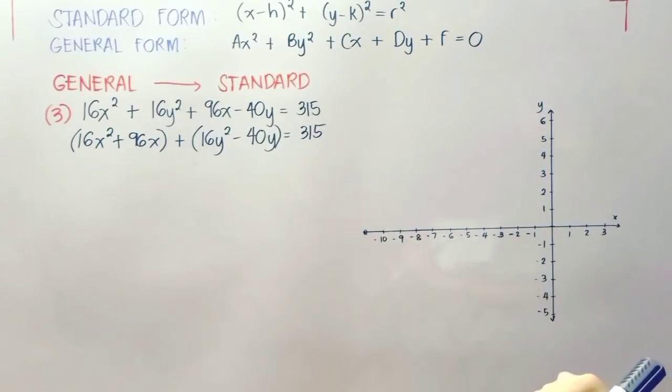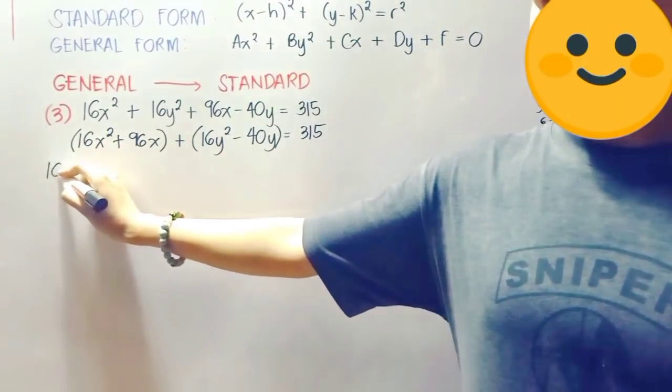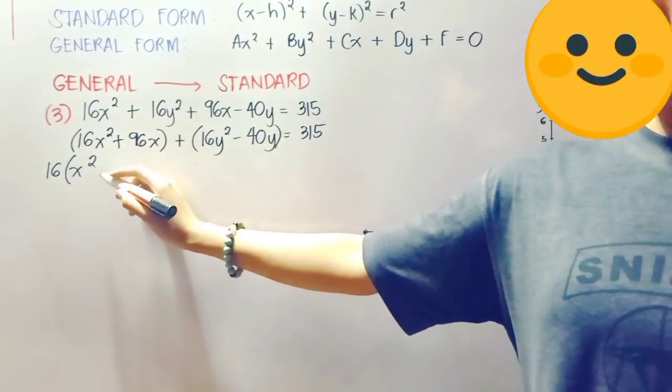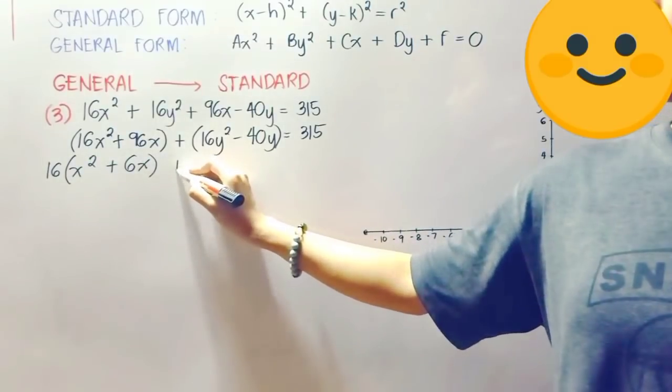Now as you can see in our groupings, 16 is common, so we have to factor it out. 16, what's left is x squared. 96 divided by 16 is 6x.